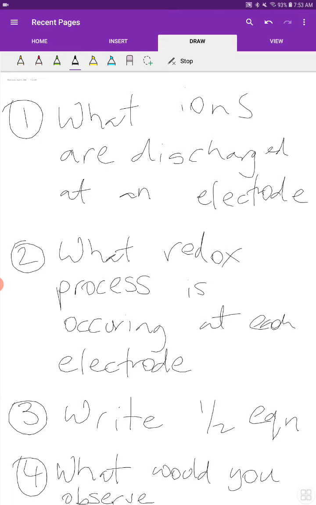Not saying that these are the only things, but these are the most common things that they can ask you when you're dealing with electrolysis of molten electrolytes. Electrolysis of aqueous electrolytes is slightly different. It's a little bit more involved, but it's the same principle and it's pretty easy.